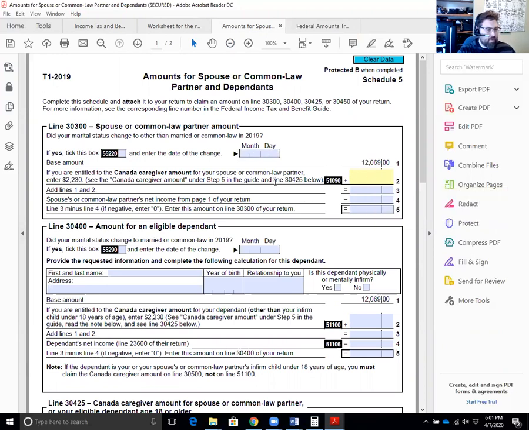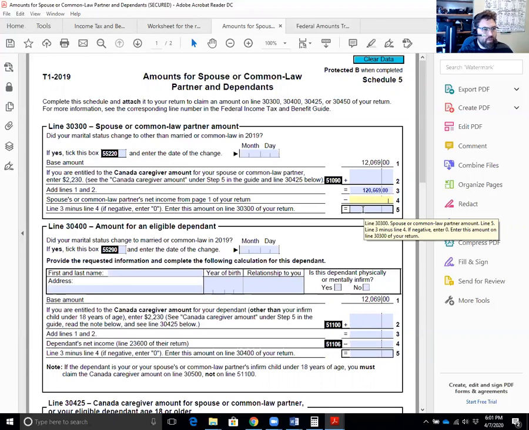If our spouse has a disability, we can increase our spouse amount by $2,230, but our spouse doesn't have a disability in this example. Add lines 1 and 2, we get 12,069. Oh, typo there. There we go.